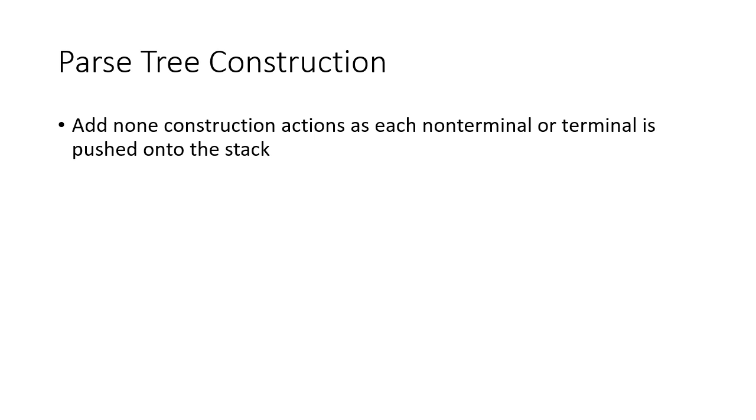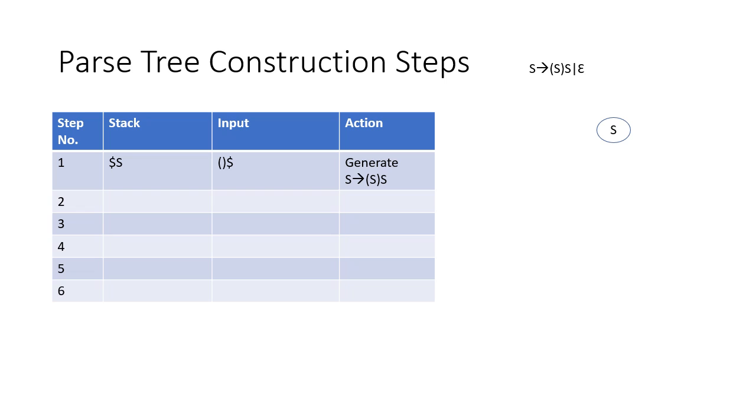So whenever you are pushing something onto the stack, you construct a node for it in the parse tree. Again, we'll see for the same example how this is done. For the same one here, the stack contains S.